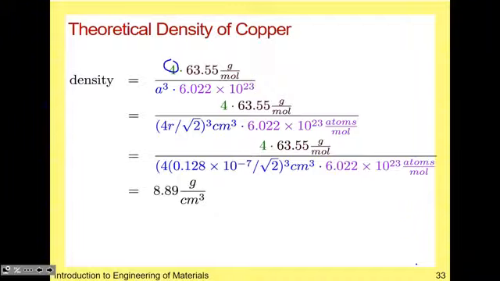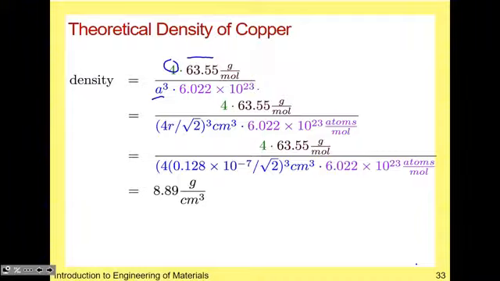Its atomic mass is 63.55 grams per mole, and that's given in the periodic table. The cubic volume is just a cubed, and Avogadro's number is listed here.